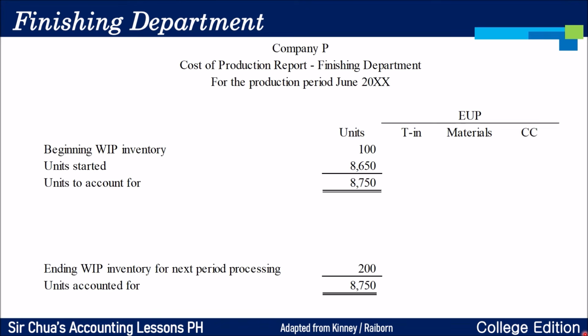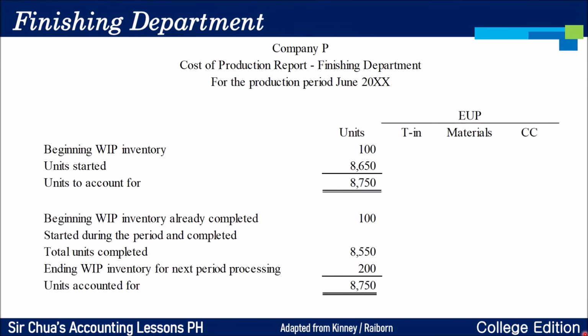So, if we have worked on 8,750 units and 200 units is still not completed, then the number of units completed is 8,550. Now, if the beginning work in process inventory that is already completed in that department is 100, then the transferred in of 8,650 na inumpisahan at natapos din ngayong period na to is 8,450.